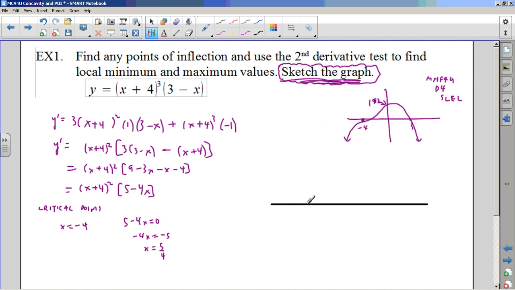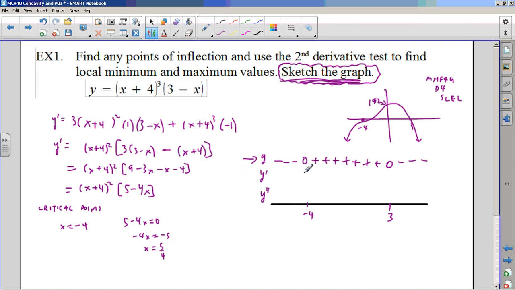For just my function, my sign chart is going to end up having a whole bunch of stuff here. I can see that -4 is an important point and 3 is an important point, because that's where this graph goes from being positive to negative. Just the graph itself, right? It's negative in here, positive all the way in here. Although, as it turns out, this one we don't really care about too much. It doesn't give us too much of an idea that we didn't already have from functions.